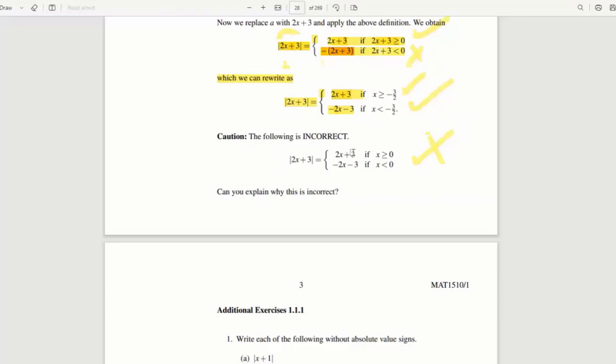Here, the person assumed this to be x and assumed this to be minus x. Hence, the person wrote that. That's why they say it is incorrect. But this is where we ended up. We follow that type of reasoning. Here was a wrong application of the definition.